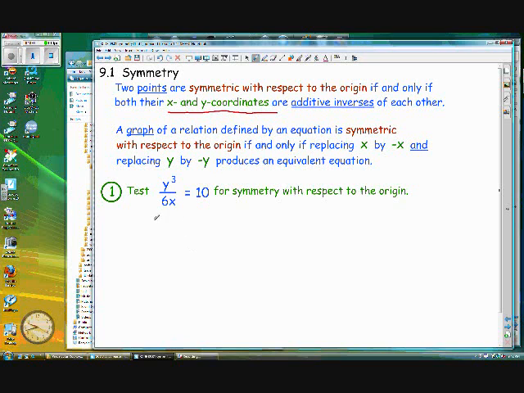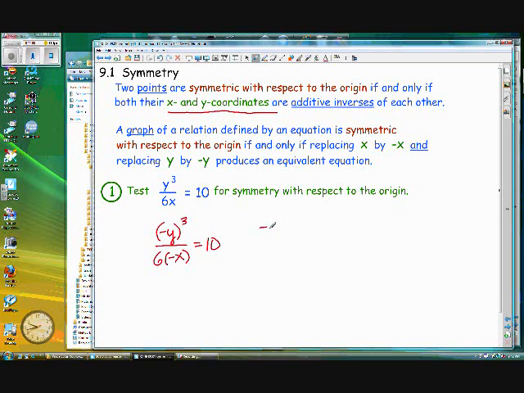So let's try it. For this one, if I put in a negative y for the positive y, and at the same time put in a negative x for the positive x, will I have an equivalent equation?